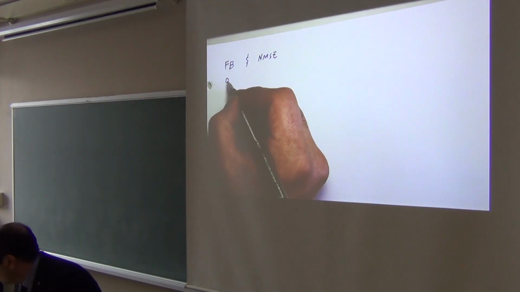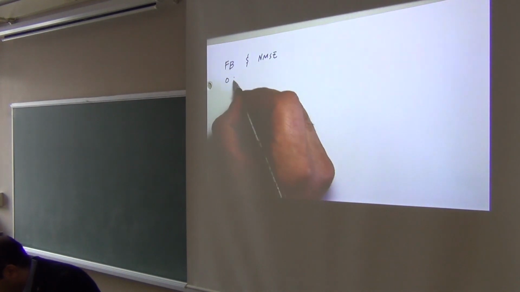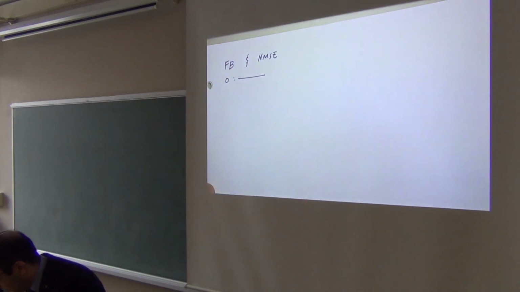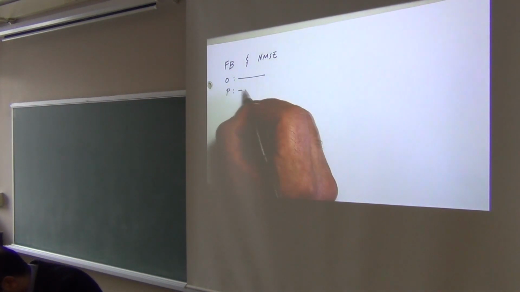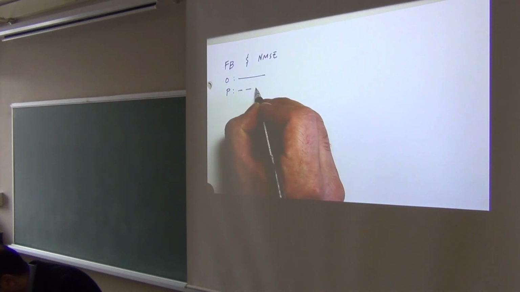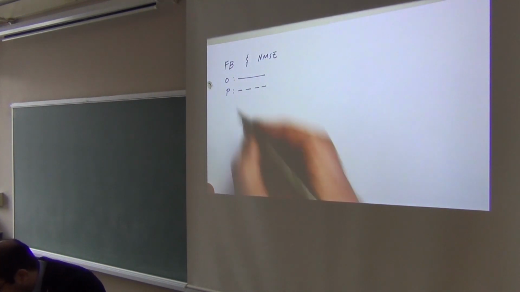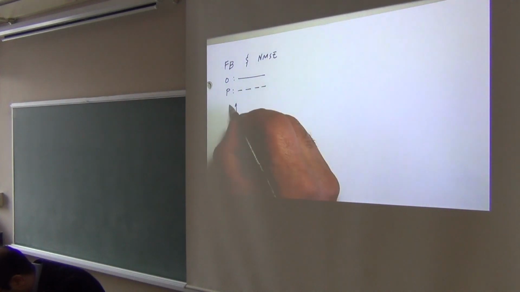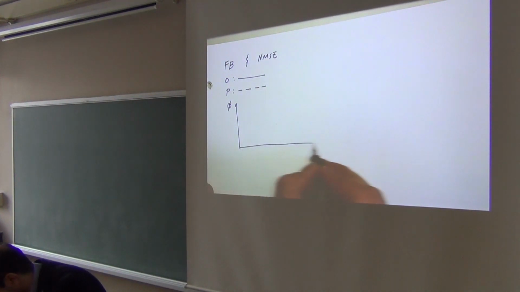Suppose that I'm measuring a transient process. Observation is the solid line. Prediction, or model, is the dashed line. And I'm looking at my solution versus time.